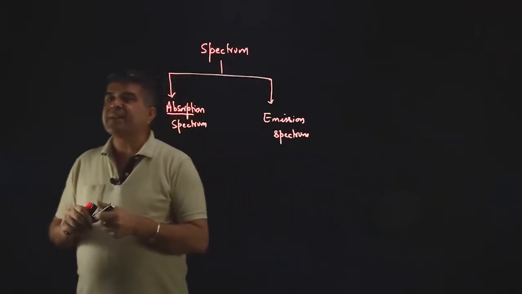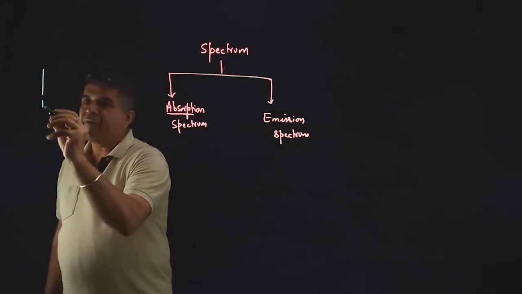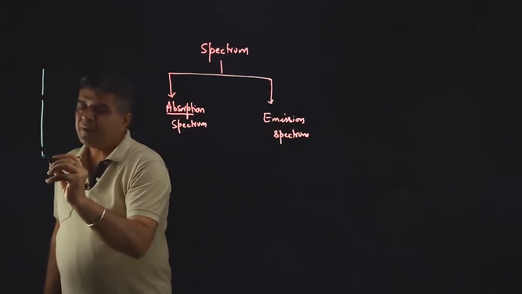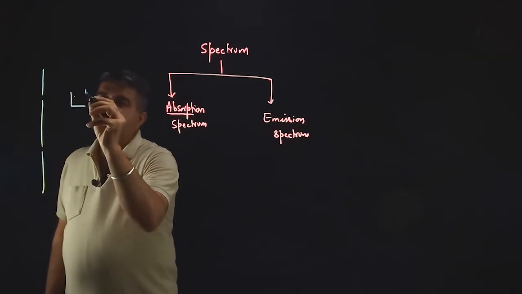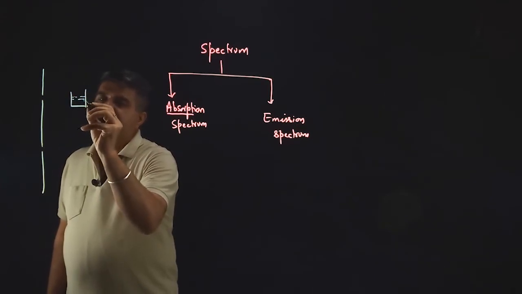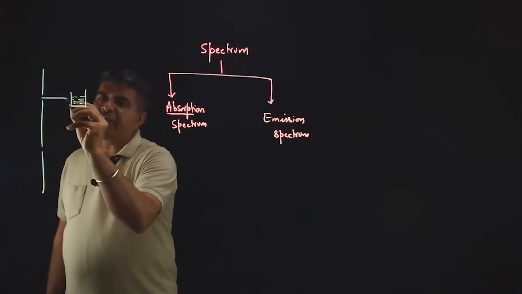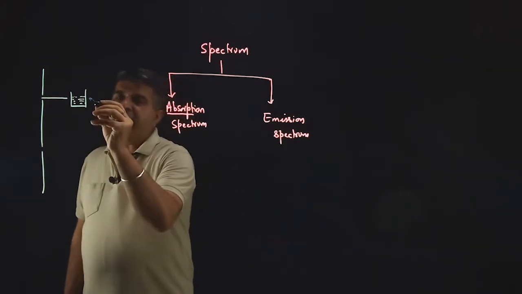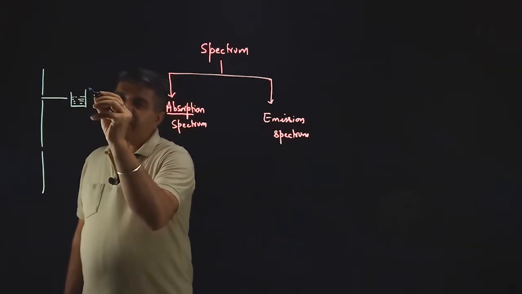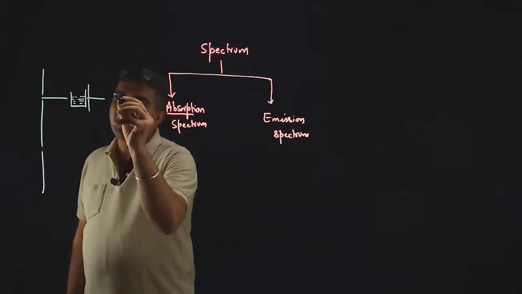Say this is a light source and a slit is placed in front of the light source. Here I am placing a beaker in which a copper sulfate solution is placed, and the light which is coming from the slit is made incident on this copper sulfate solution, and the light which is coming out from this copper sulfate solution is passed through a slit and is made incident on a prism.